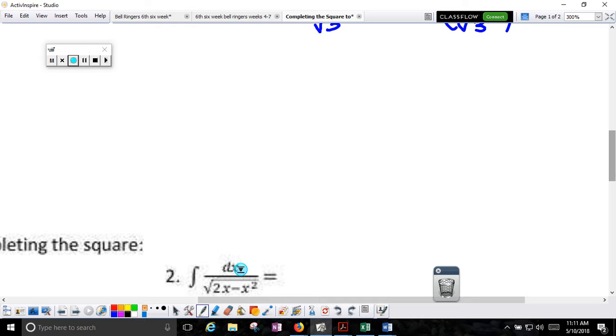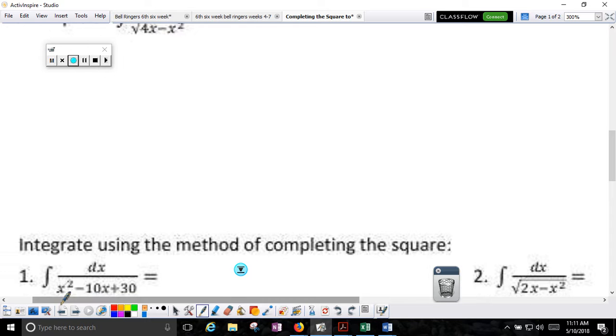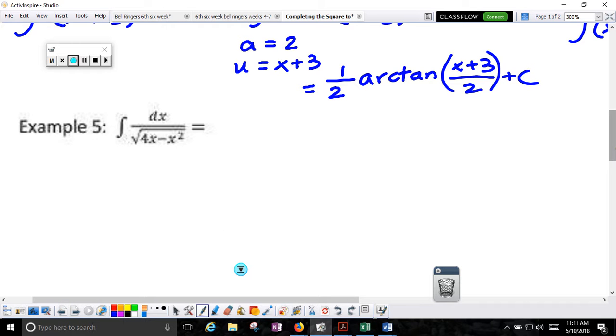Okay, let's try one more together. I foresee that this will be an arcsine problem. Okay, so let's go ahead and I'm going to maybe under that radical factor a negative out before I complete the square.